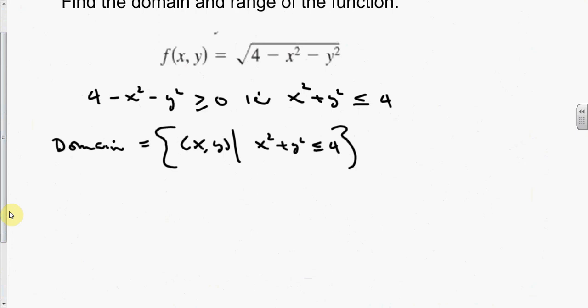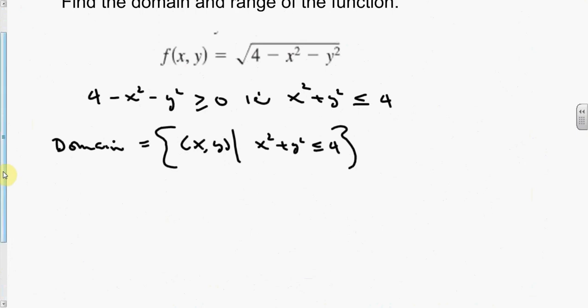What about the range values? The result of that square root, the image of the square root values, are what?